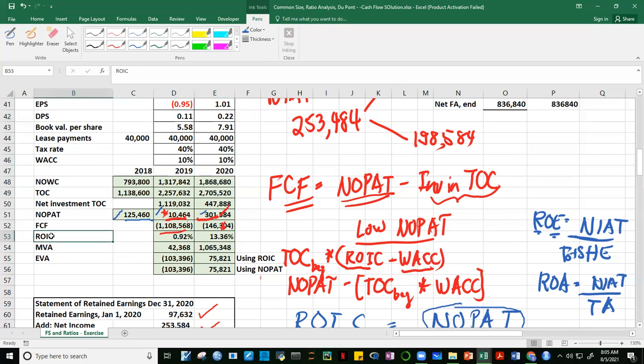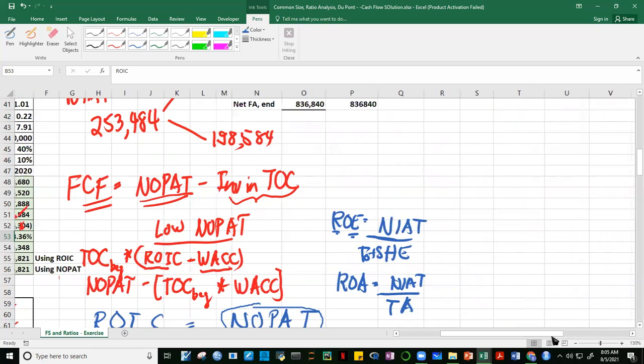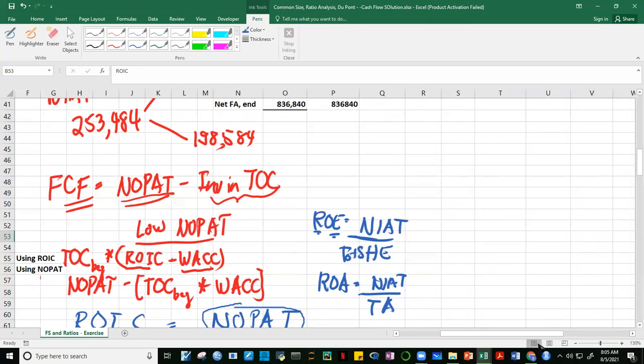So ROIC is important in order to assess whether a firm is doing well or not. Suppose we use ROIC to compare Company A and Company B. Company A's ROIC is 13.36%, and Company B's ROIC is 12%.